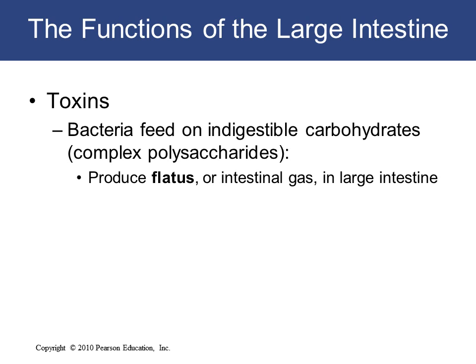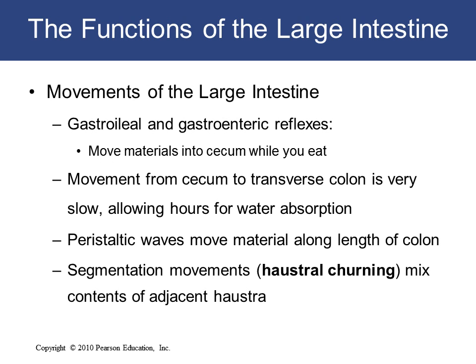Bacteria also feed on indigestible carbohydrates, which are complex polysaccharides, and produce flatus or intestinal gas in the large intestine. So instead of these toxins being deposited in our body, the large intestine helps us find a way to break them down and release them out of the body.